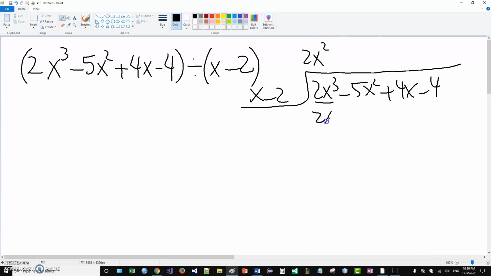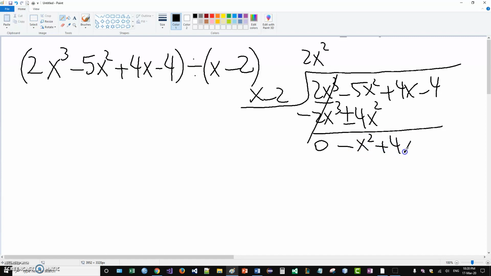Multiply: 2x cubed minus 4x squared. Okay, now reverse the sign and then add. These two cancel out. Minus 5x squared plus 4x squared is minus x squared, plus 4x minus 4.